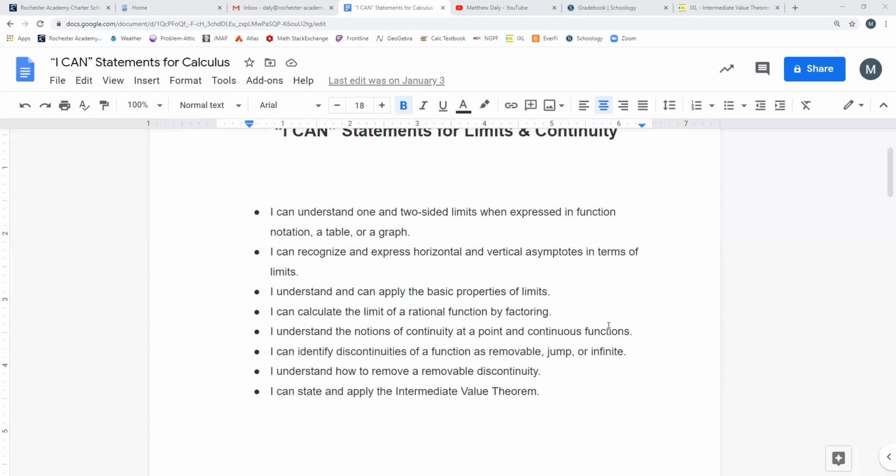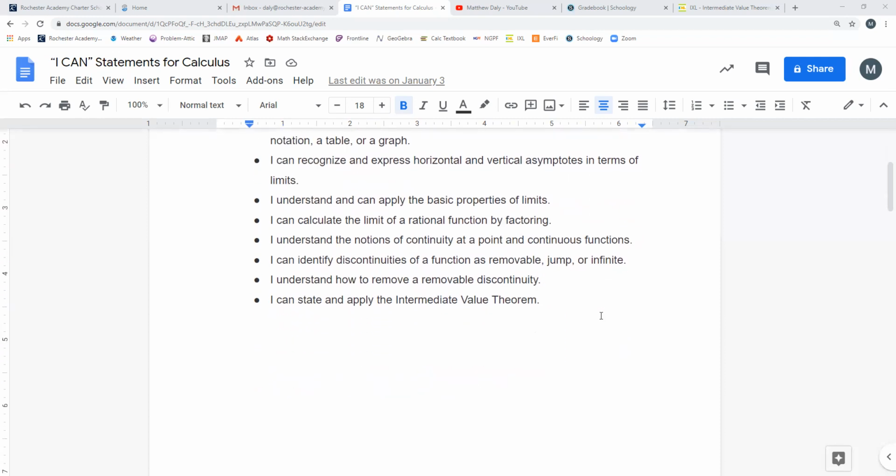So that's not quite a jump discontinuity, but it's also not a removable discontinuity. So we call that an infinite discontinuity if the limits from the left and right side are both equal to infinity or negative infinity. If one side is equal to infinity and the other side is equal to negative infinity, then that's a jump discontinuity. But if they're the same, then that's what's called an infinite discontinuity.